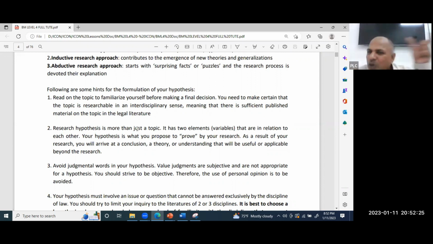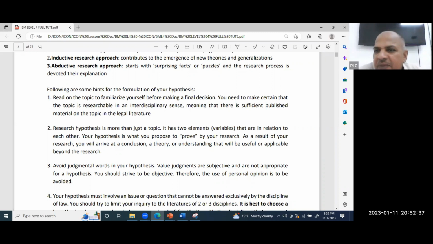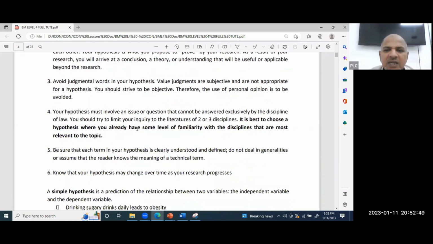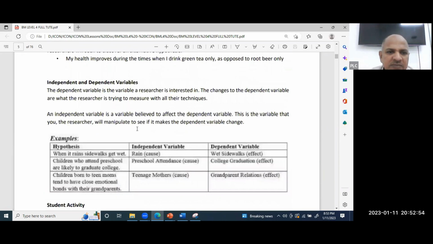Not positively correlate is the null hypothesis. Positively correlate is the hypothesis. Again, for the second independent variable, you take positively correlate, not positively correlate. For the third independent variable, the same. That's it. Okay, clear? You understood the hypothesis now? Yes.